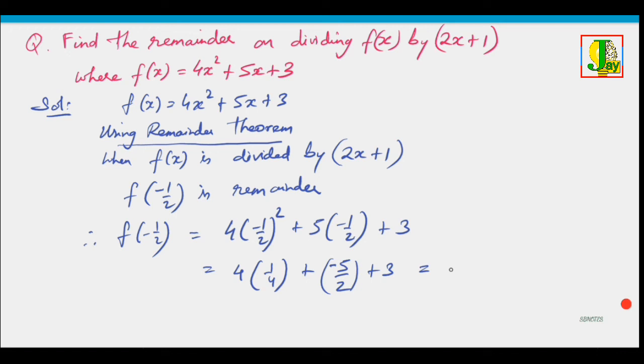So that is 1 plus 3, 4 minus 5 by 2, that is 8 minus 5 by 2, 3 by 2. Therefore, remainder equals 3 by 2.